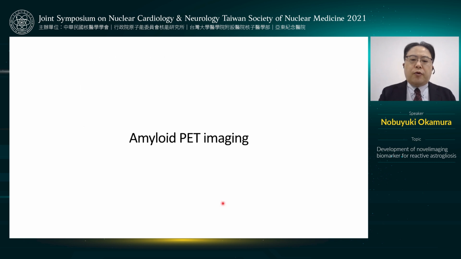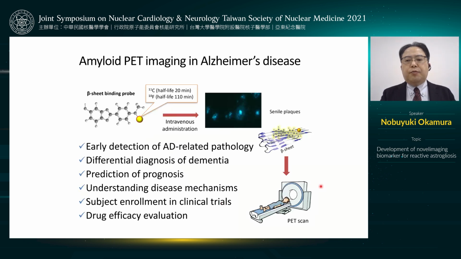First of all, I'm going to talk about amyloid PET imaging. For amyloid PET imaging, we use beta-sheet binding ligands that are largely labeled with C11 or F18.